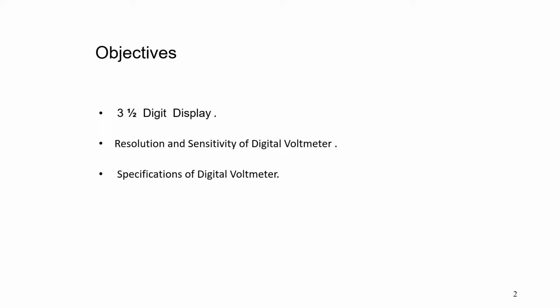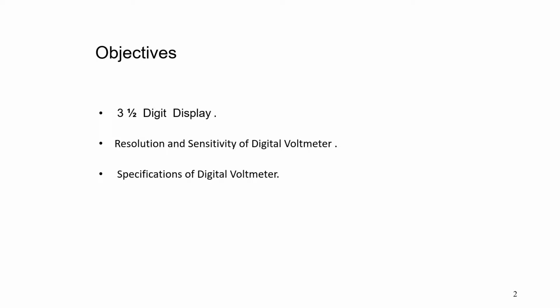The common element in all these signal conditioners is the DC voltage, which is proportional to the level of the unknown quantity being measured. This DC output is then measured by the digital voltmeter.